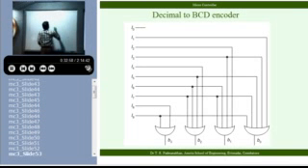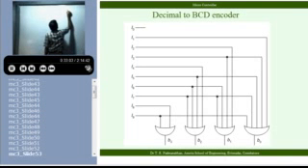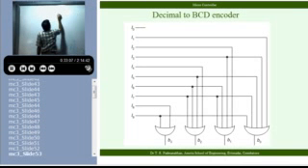I can have the digit value as 0, whose equivalent binary number is 0, 0, 0, 0, then 1, and so on.